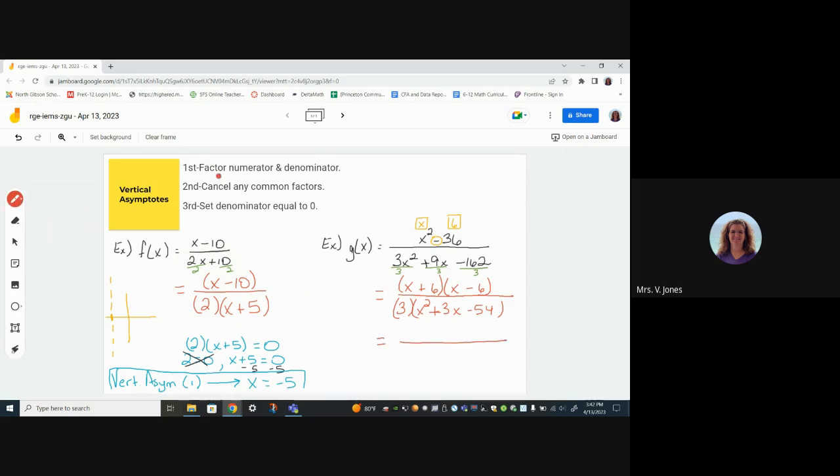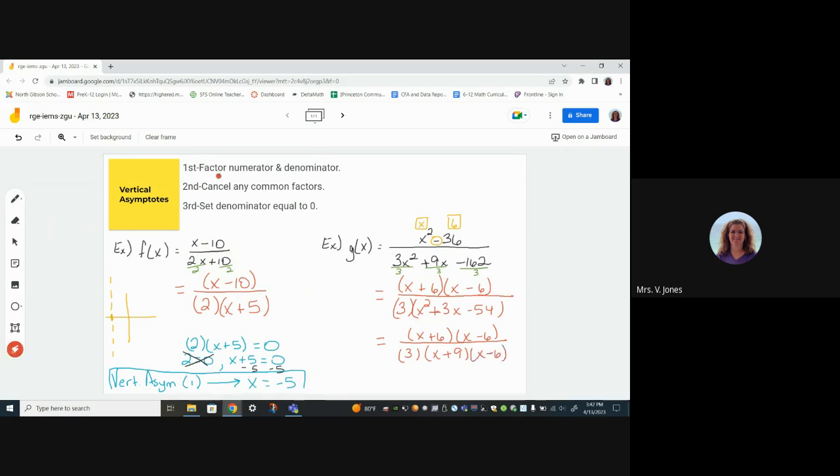So the top is still an x plus 6, x minus 6. The bottom, we have a 3, but then x squared plus 3x minus 54. This right here, it factors to x plus 9, x minus 6.